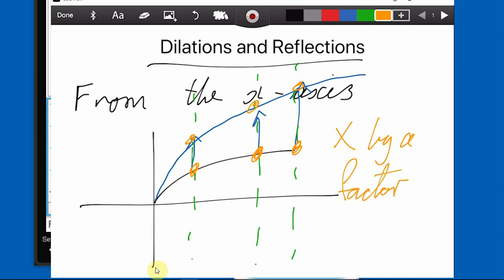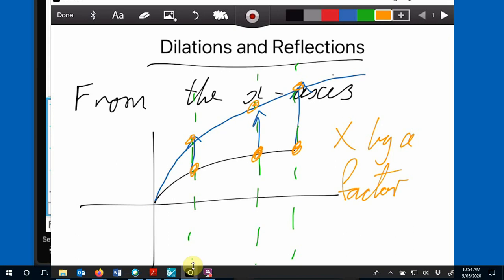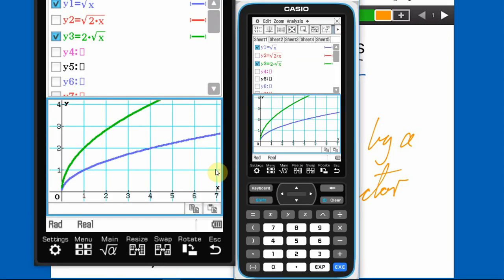So have a look at this particular graph that I've got up here that I've done on the calculator. At the moment, the blue one is just the square root of x. The green one is 2 times the square root of x.